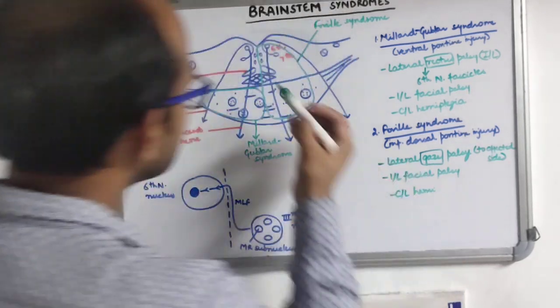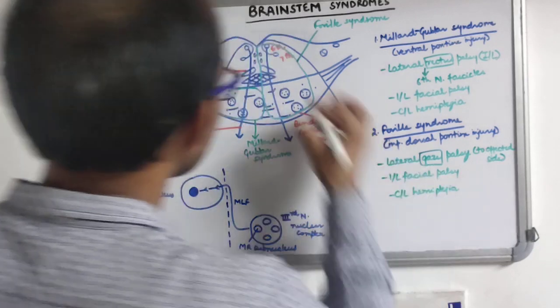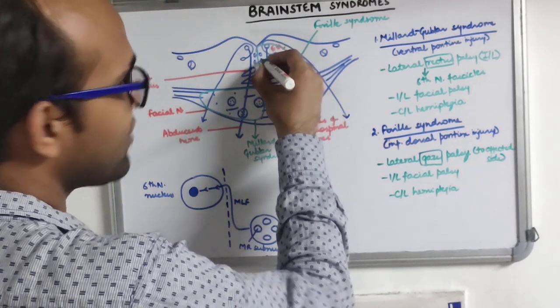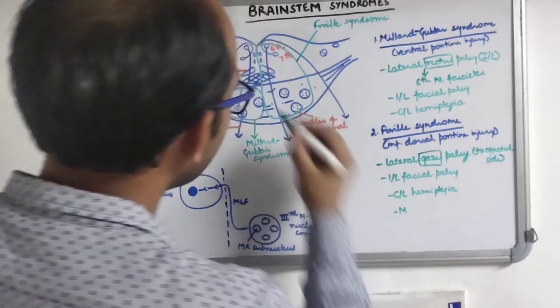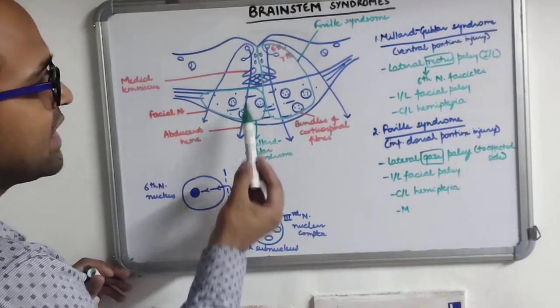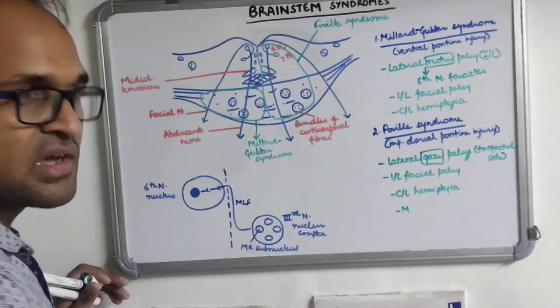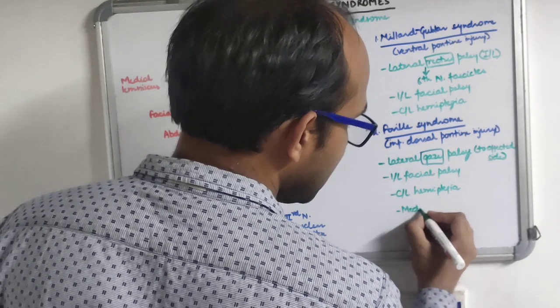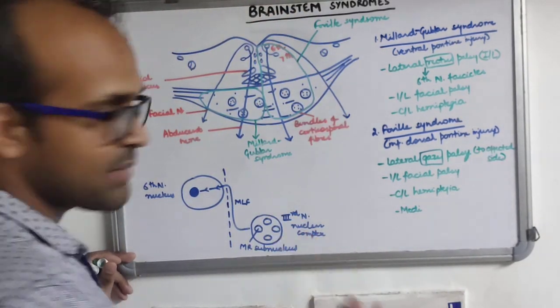Now, I've told you this one is the medial lemniscus. This structure is the medial longitudinal fasciculus. So the MLF can also be affected, and the medial lemniscus. Medial lemniscus is involved in Millard-Gubler syndrome. Due to involvement of the medial lemniscus, there would be contralateral loss of proprioception and vibration sense.